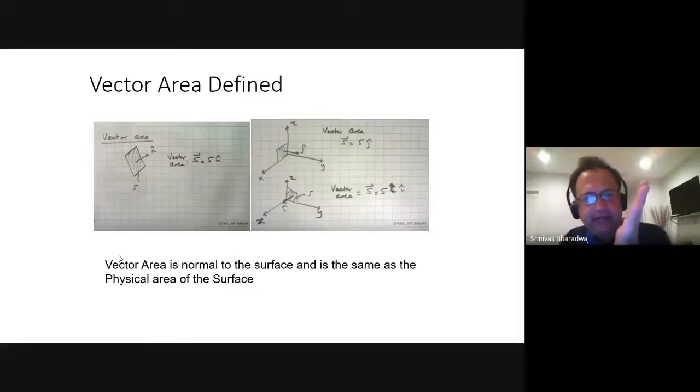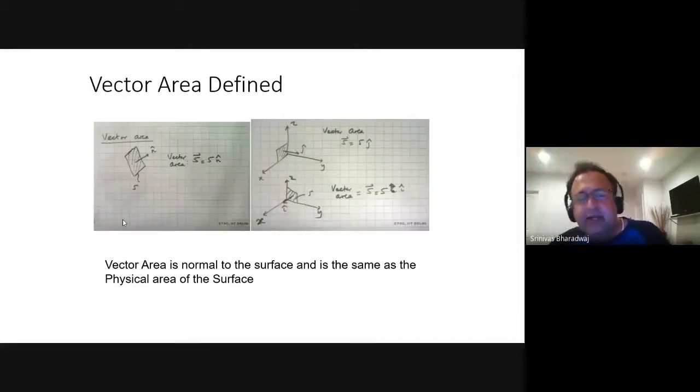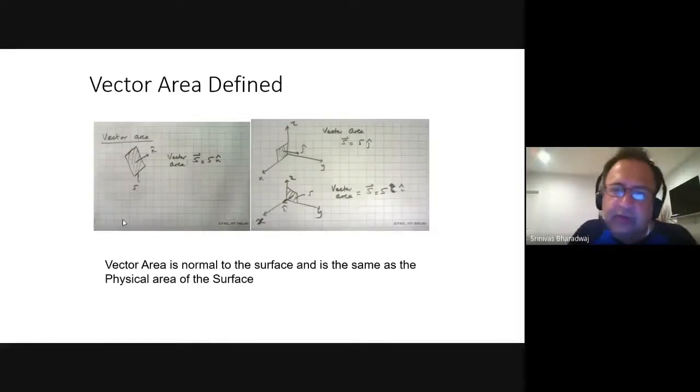If the area is in the xz plane, the vector is j, along the y direction, which is normal to the xz plane. If it was in the xy plane, it will be k. If it was in the yz plane, it will be i. I hope you understood that.